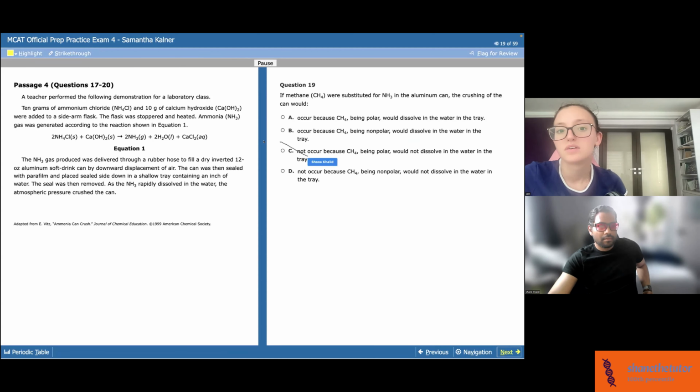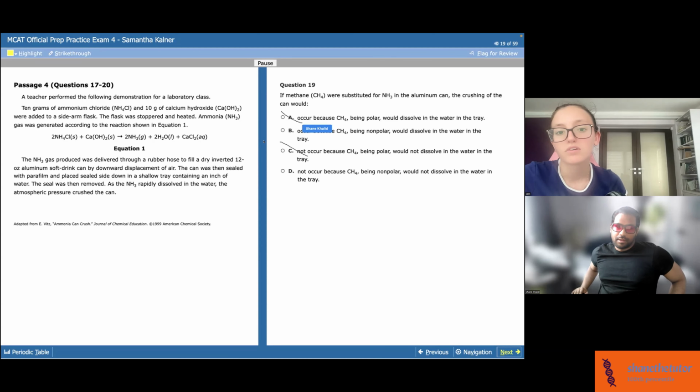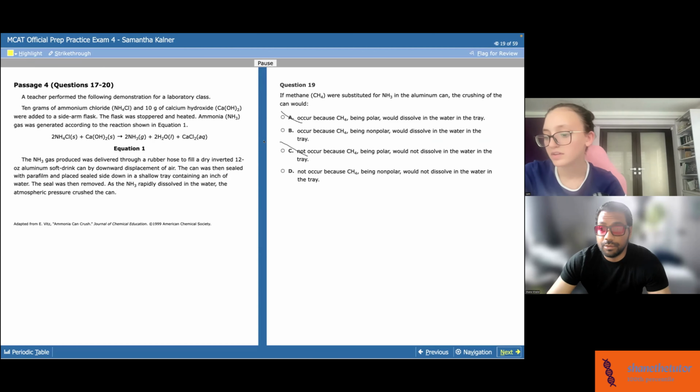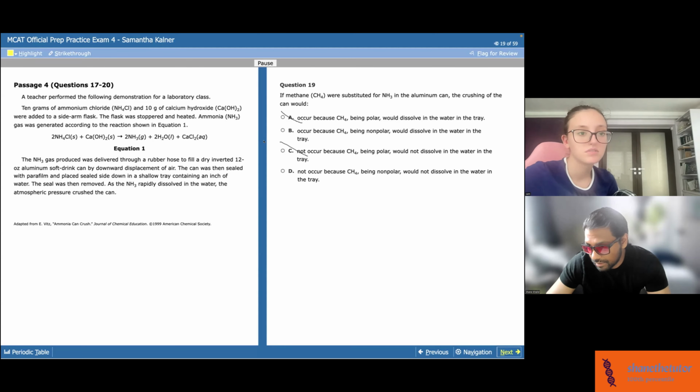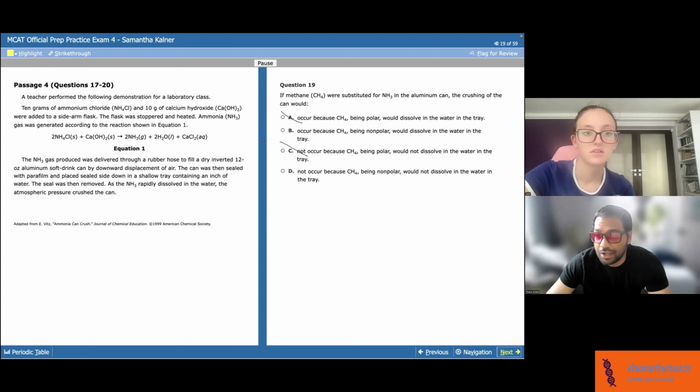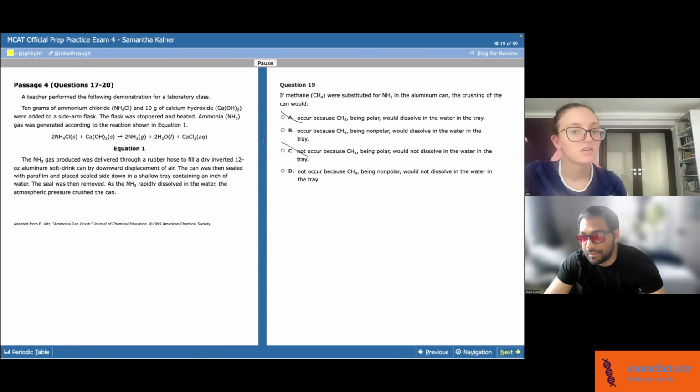Now, would dissolve in the water in the tray. So it's whether it's hydrophilic or hydrophobic. You mentioned polar and nonpolar, and we know like dissolves like, meaning polar things will dissolve in polar stuff, and vice versa.